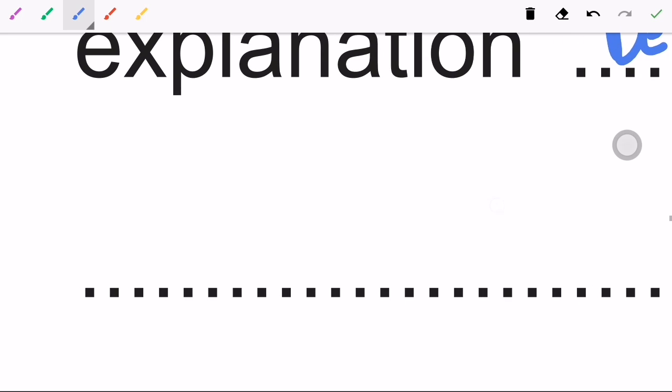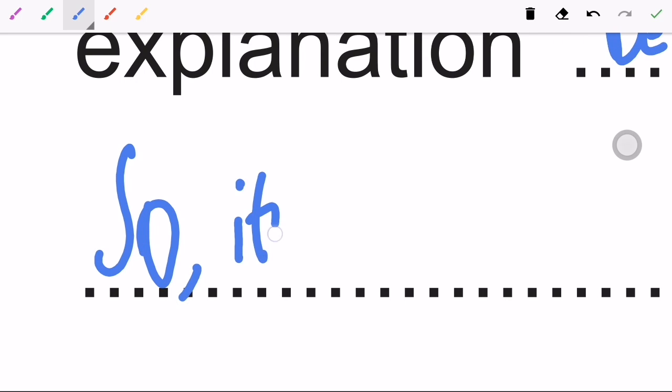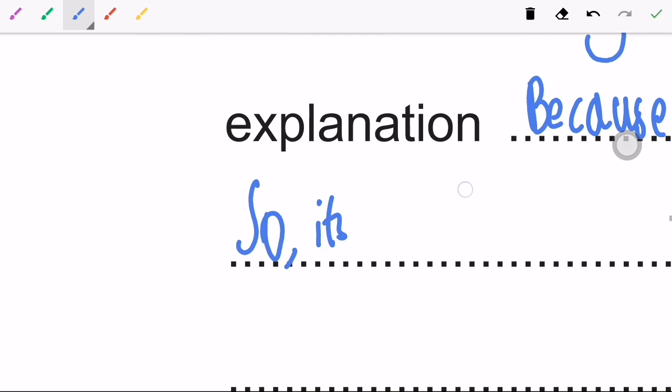So it's van der Waals forces. They've given you quite a bit of space.